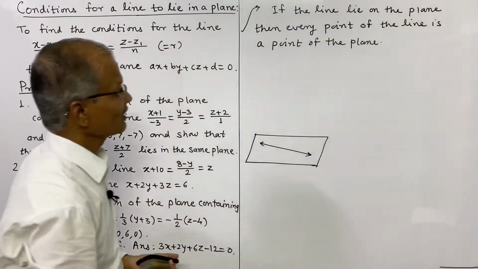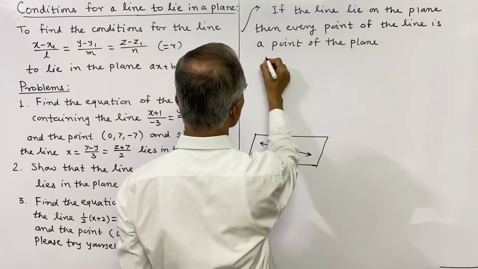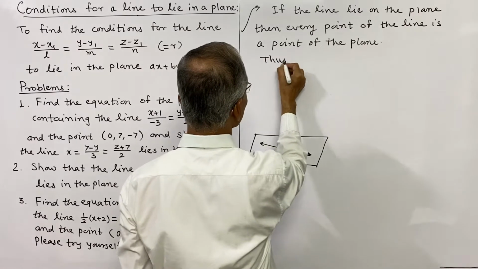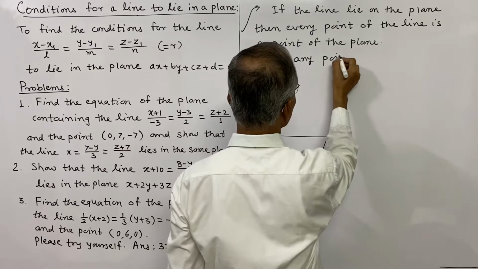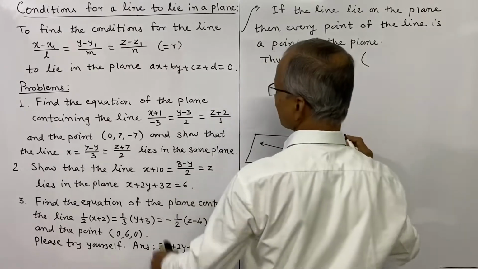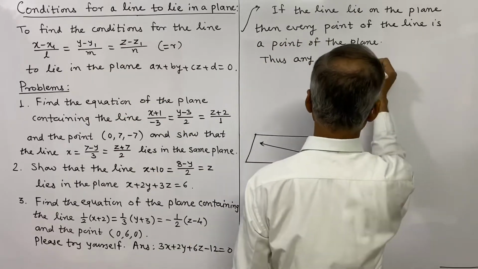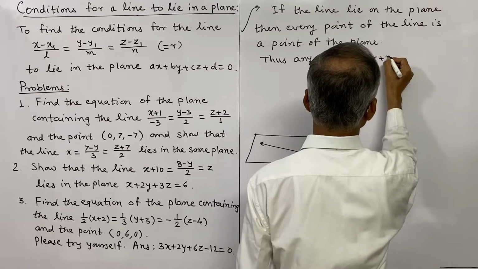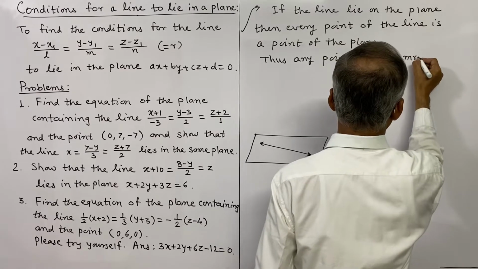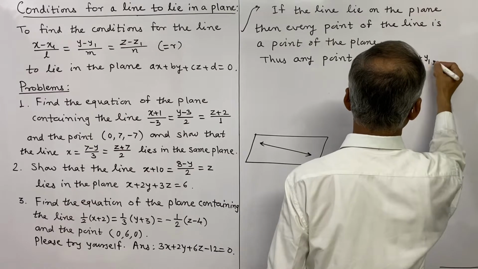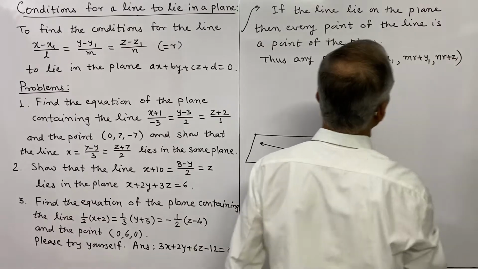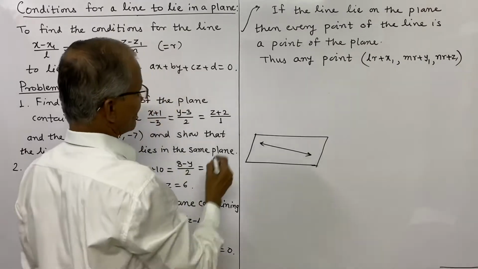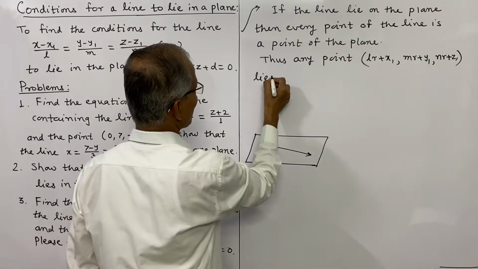So any point, with coordinates lr plus x1, mr plus y1 and nr plus z1, lies on the plane.